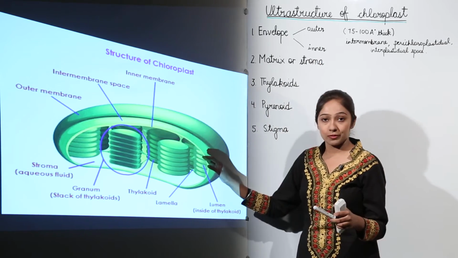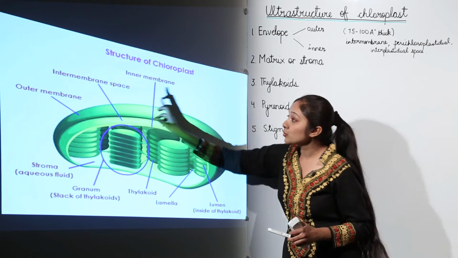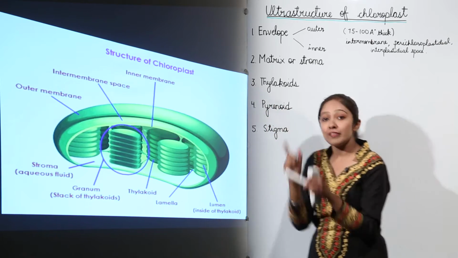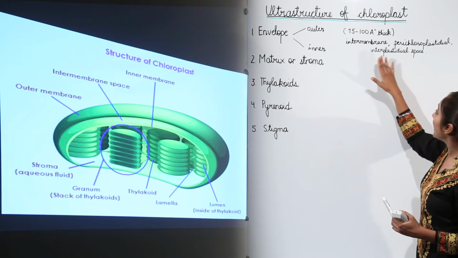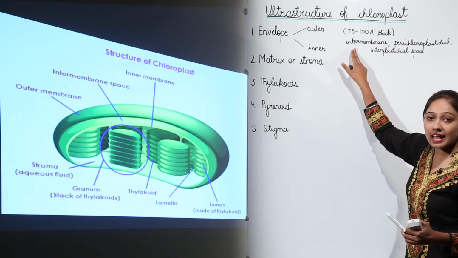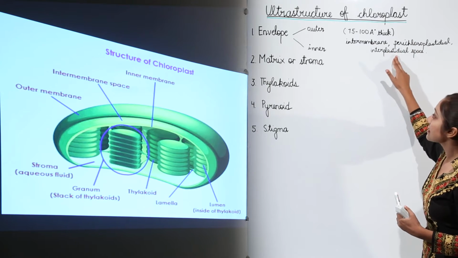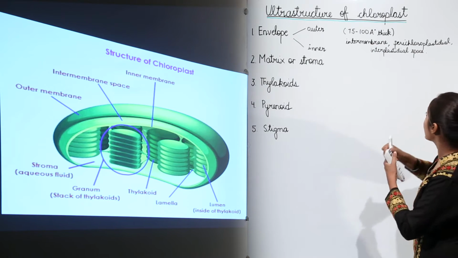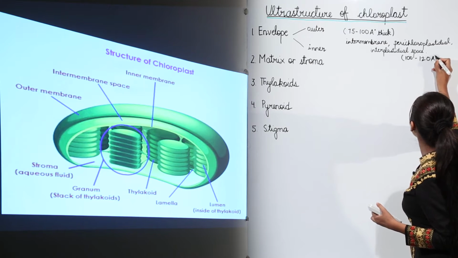This envelope has an outer membrane and inner membrane, and between these two membranes we have an intermembrane space, which we can also call perichloroplastidial space or interplastidial space.